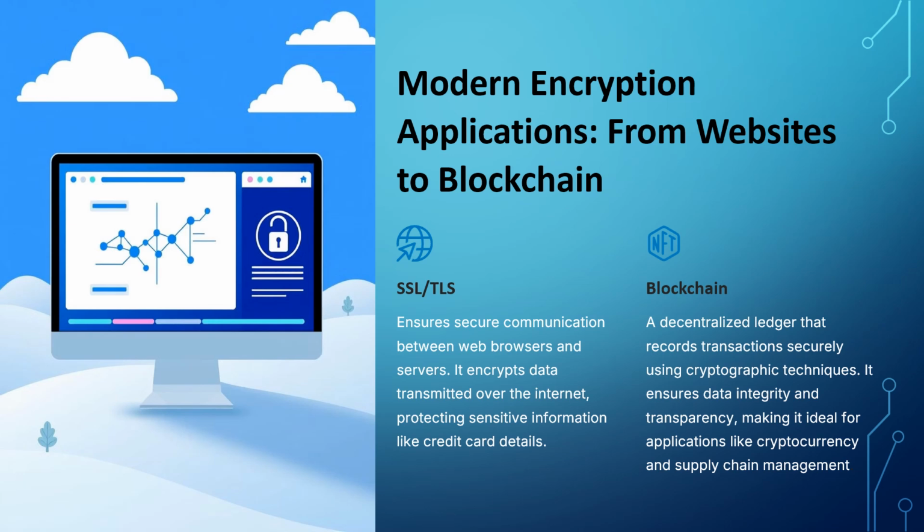On the other hand, we have the point of blockchain. Blockchain is a decentralized ledger that records transactions securely using cryptography techniques. It ensures data integrity and transparency, making it ideal for applications like cryptocurrency and supply chain management. You all know about blockchain in our digital age.